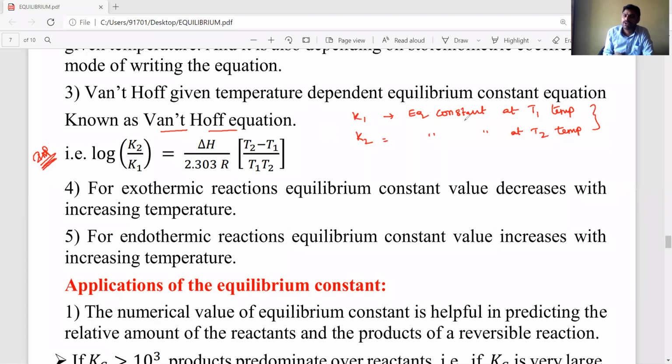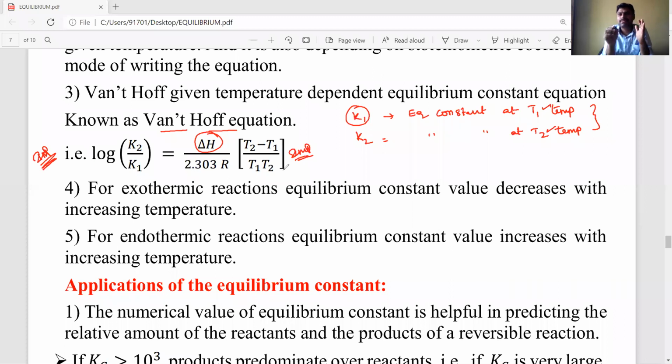Or they give T1 and T2, one of K1 or K2, and delta H, and we find the other. The relation is log K2 by K1 equals delta H by 2.303 R into (T2 minus T1) by T1 T2. This formula is very important.